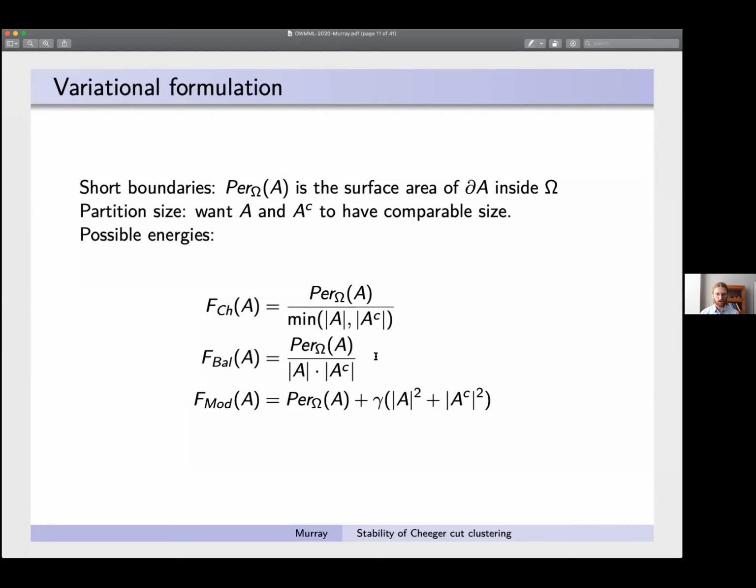So all of these functionals are going to encode those 2 goals: to make the area of the boundary of A as small as possible and to keep the size of A and A complement comparable. They don't have to be exactly equal, but they should be of comparable size.